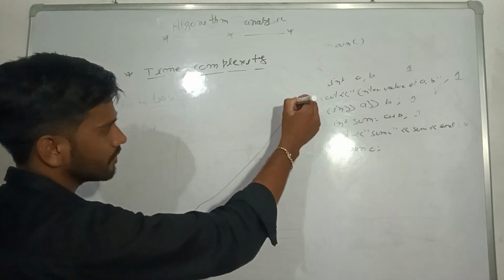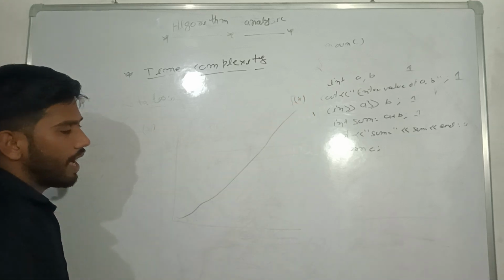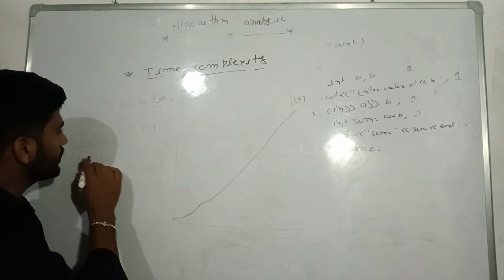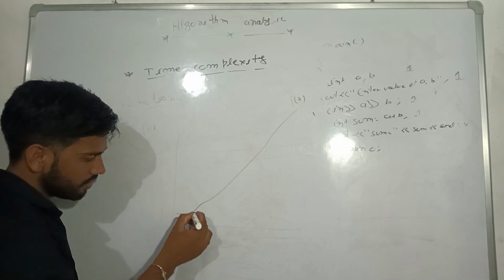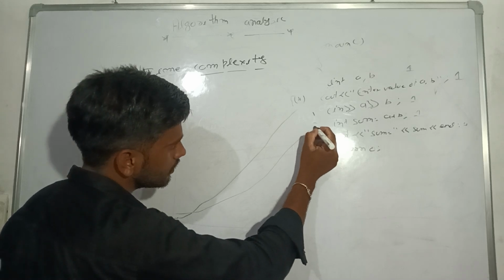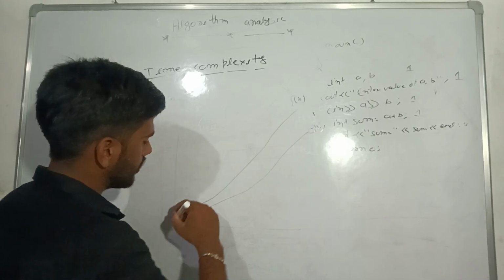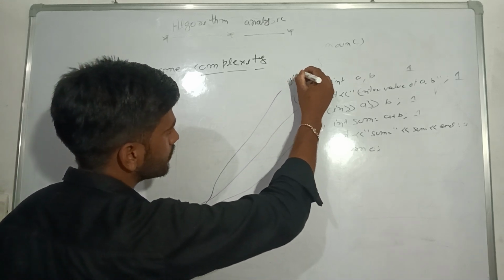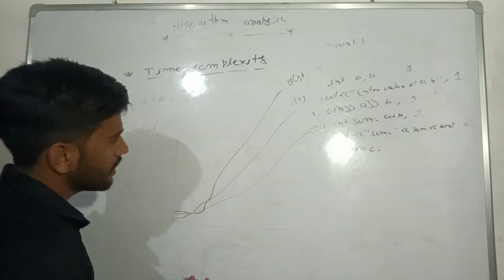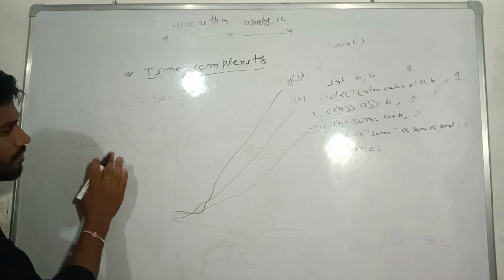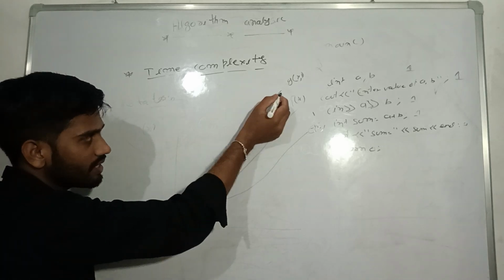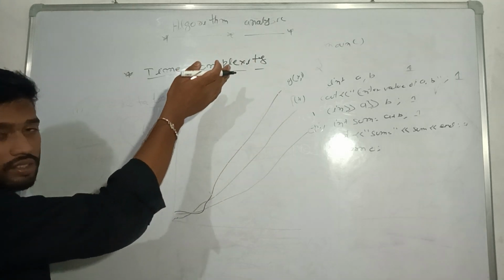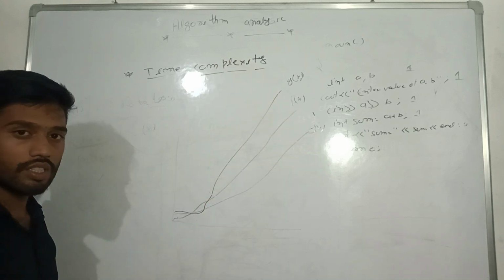Suppose this is the function f(x), and to show the average bound we use theta notation. Suppose there is g(x) as well. This theta notation shows the average case. It is not the upper bound and not the lower bound.